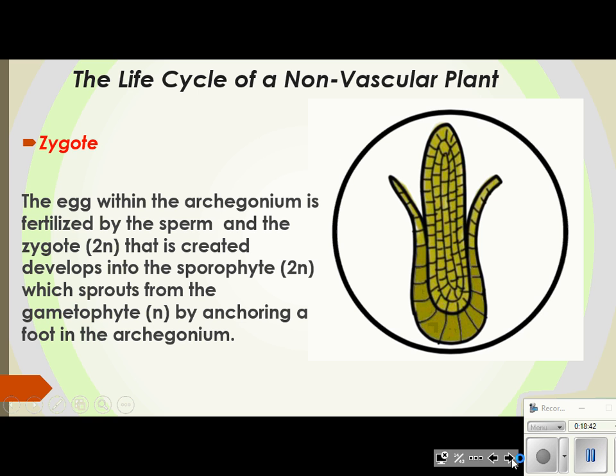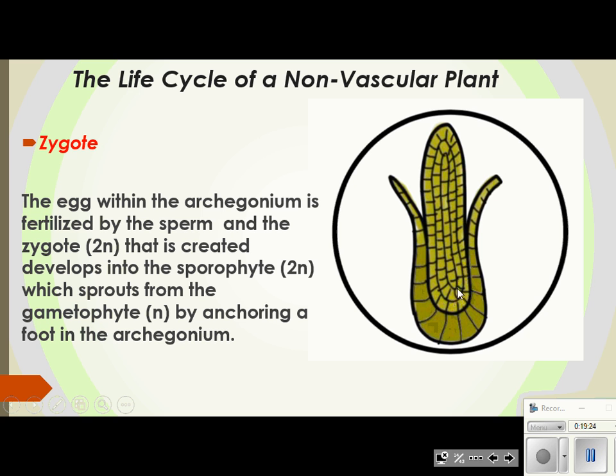That zygote, that diploid, will develop into the sporophyte, the 2N, which sprouts from the gametophyte. So, if you remember the very first picture that we did, we said the sporophyte was like the stalk on top of the gametophyte. So, what will happen is that egg that was right here inside the archegonium grows.